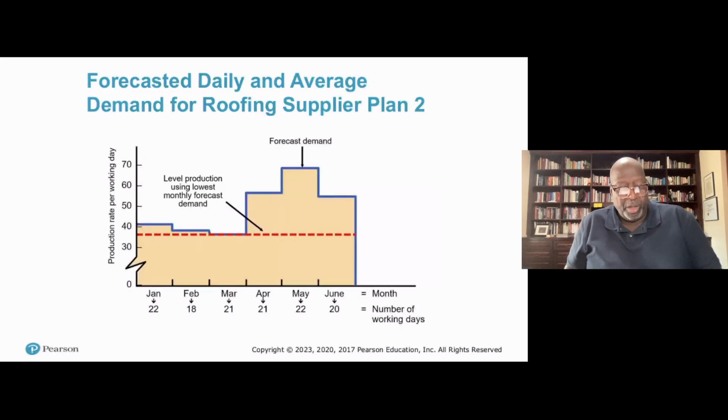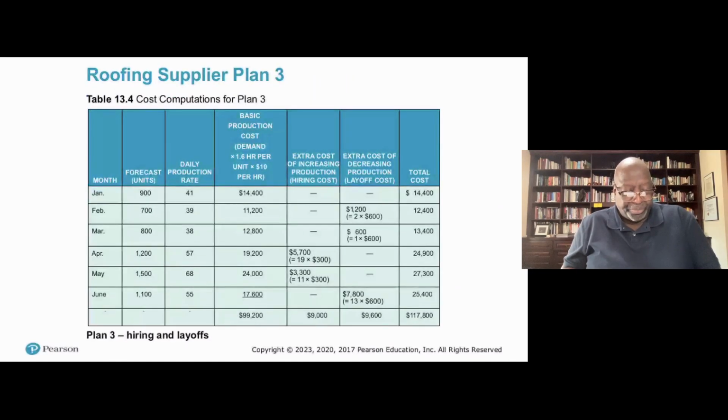All right. So this is just showing you that what they did was to set the production level to the lowest demand, 38, and all the rest was produced by subcontracting. There's another option for supplier plan 3, and in this particular case, let's see what the option is.